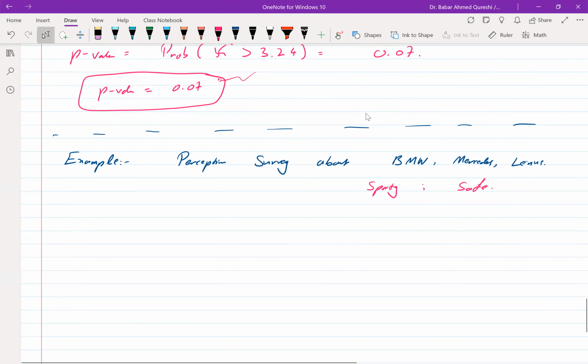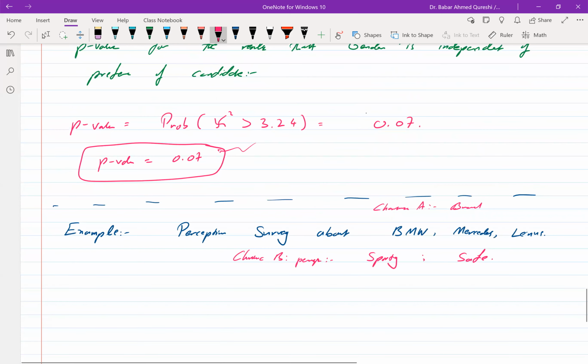So now I have, in my data, this characteristic A, which is the brand, and this characteristic B, which is the perception. And I want to see, are they independent? Like, being sporty, does it have to do with any of those brands?